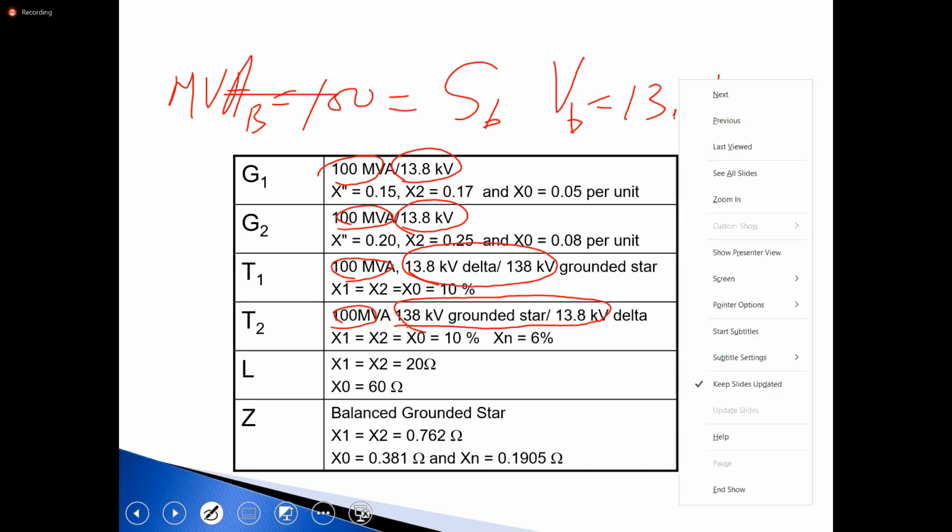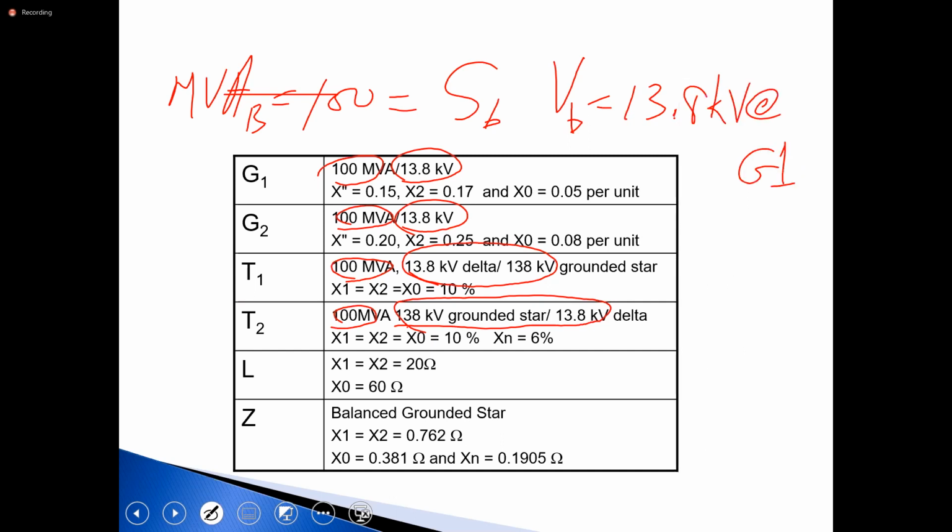So it's 13.8 at G1. We could have also said let the base voltage be equal to 138 on the line. All right? Everybody comfortable with that? Good.